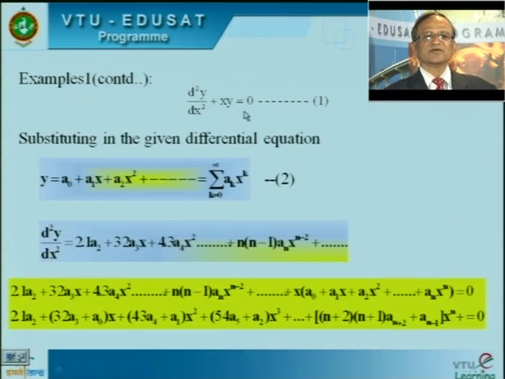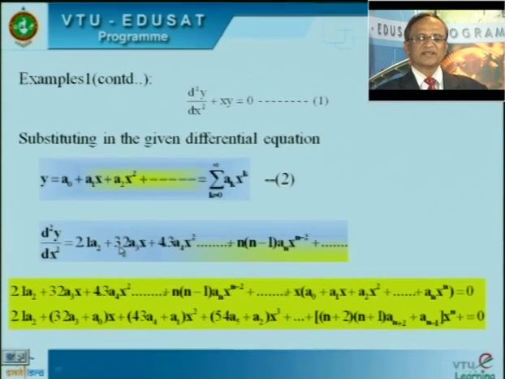Okay, so this is the given equation. Substitute y and d square y upon dx square in the given differential equation. I will replace d square y upon dx square by its value. I have written 2 into 1 into a2 plus 3 into 2 into a3 into x, it is multiplication, it is not 32, plus 4 into 3 into a4 into x to the power 2 and so on, plus n into n minus 1 an x to the power n minus 2 and so on, right?